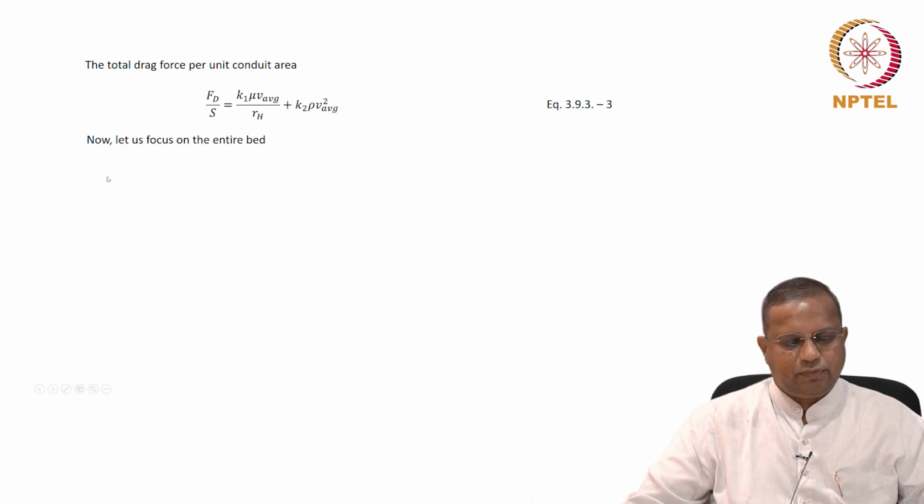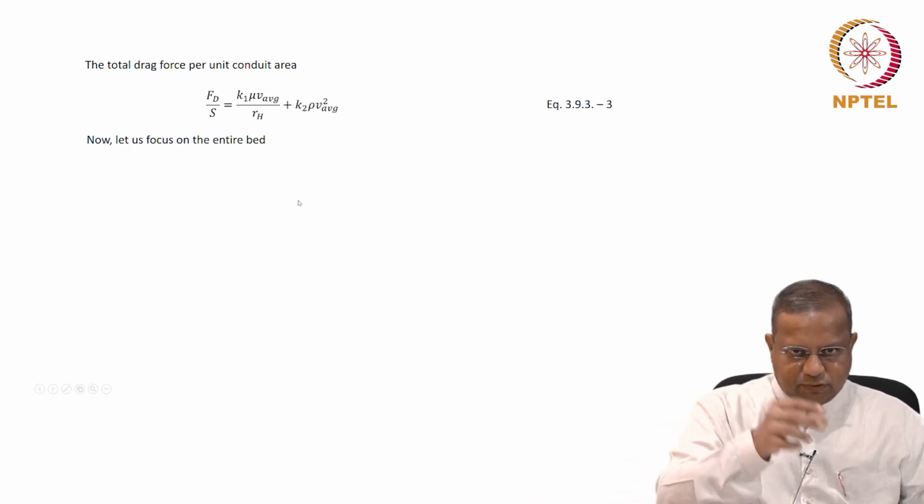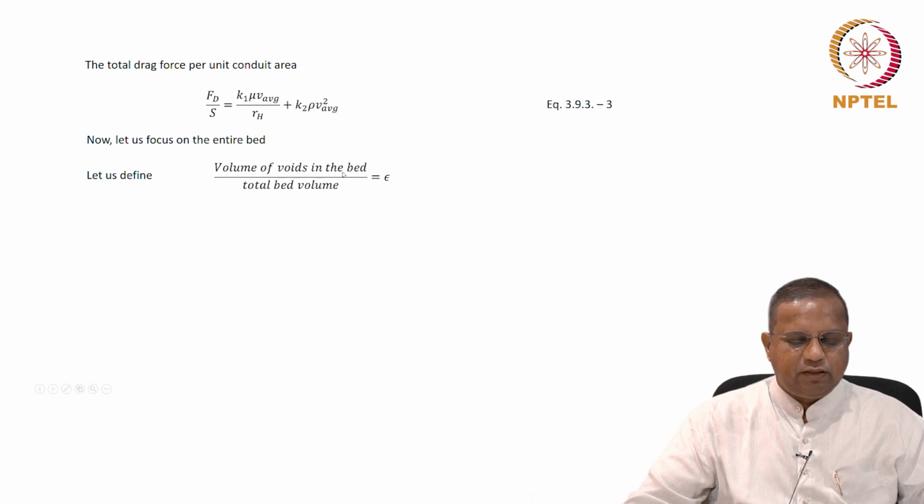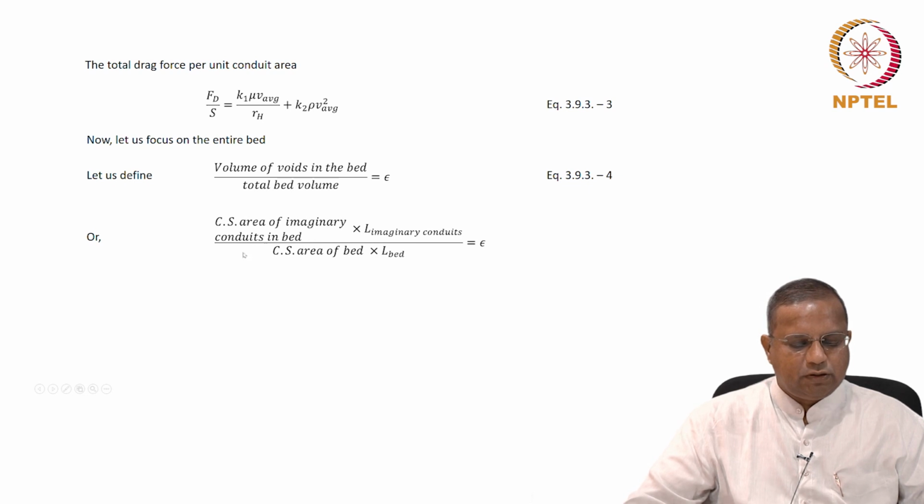3.9.3-3. Now if you focus on the entire bed, which consists of many different conduits, let us define the volume of voids in the bed divided by the total bed volume as the porosity epsilon, 3.9.3-4, or the cross-sectional area of the imaginary conduits in the bed.